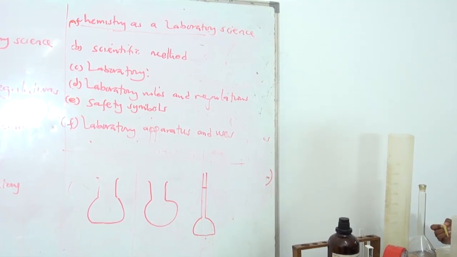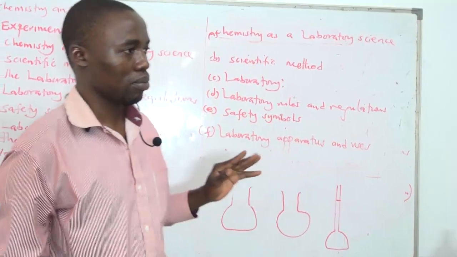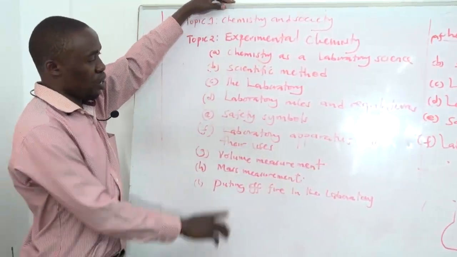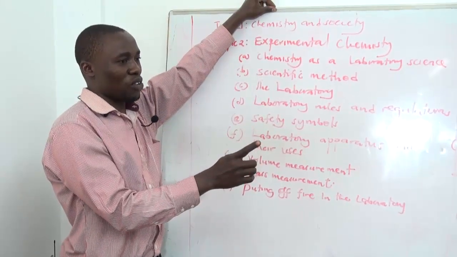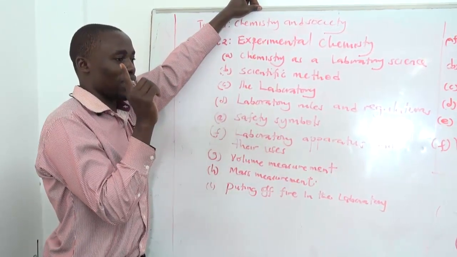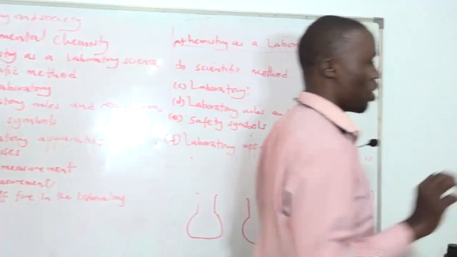Now I think we've exhausted everything. We've gone through many. Let us try: when I mention each apparatus, you mention the use. Okay, we have this one. What do you call that one?